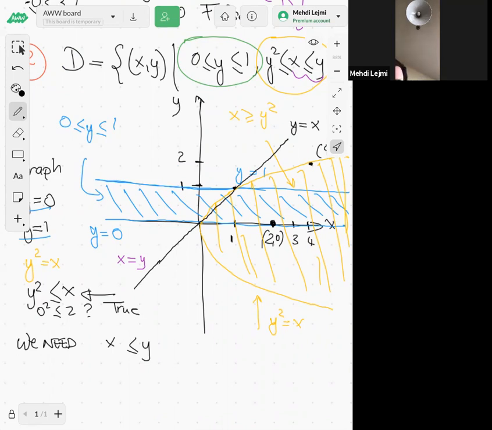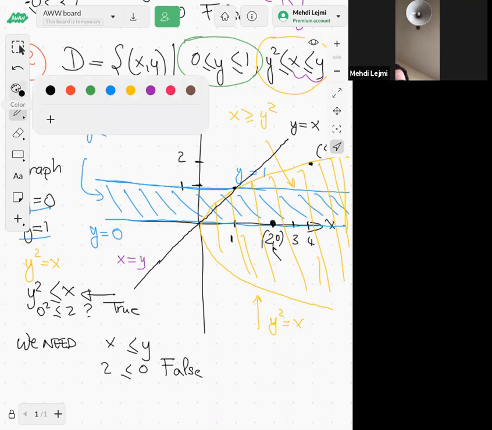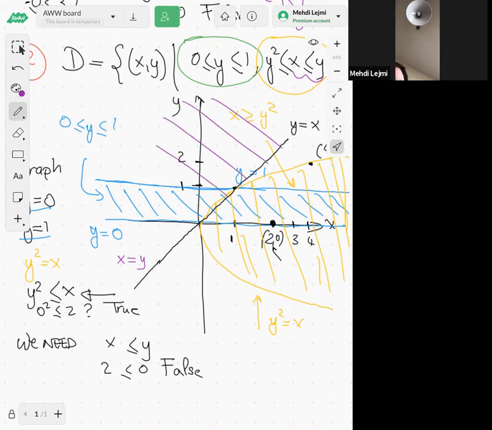You can just take this point 2, 0. There x is 2, the y is 0. Is 2 less than 0? No, this is false. Okay, so the region which corresponds to x less than y would be the one to the left. So that would be this region here. So this is where x is less than y.